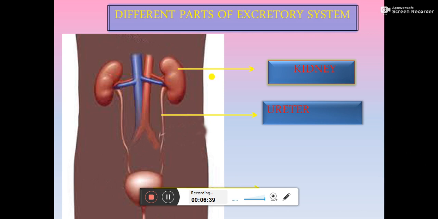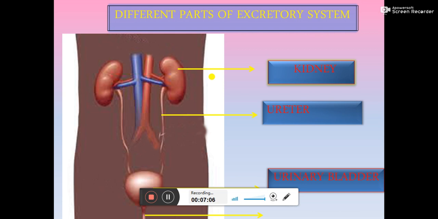Now, the urinary bladder. The urinary bladder is a muscular sac in the pelvis, just above and behind the pubic bone. When empty, the bladder is about the size and shape of a pear. Now, the urethra. In both genders, the urethra works as a tube connecting the urinary bladder to the genitals.